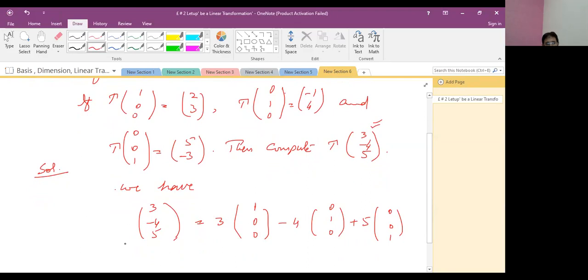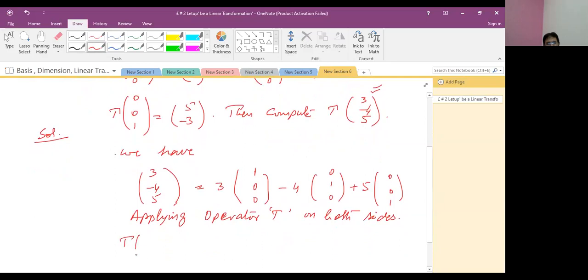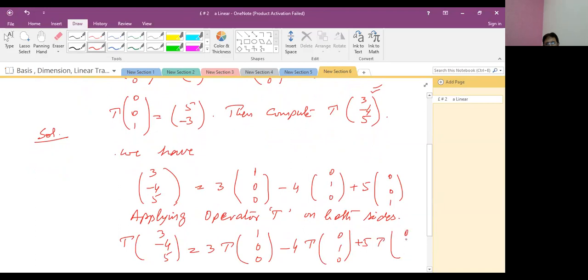If we apply the operator T on both sides, it means T of (3, -4, 5) equals 3 times of T(1, 0, 0) minus 4 times of T(0, 1, 0) plus 5 times of T(0, 0, 1).